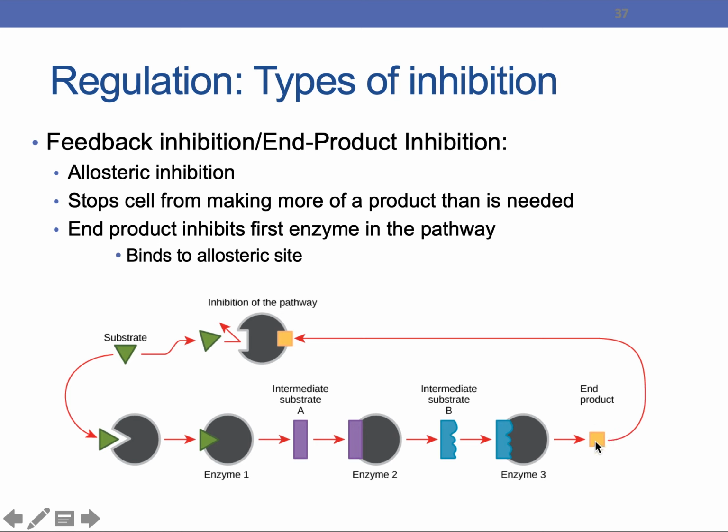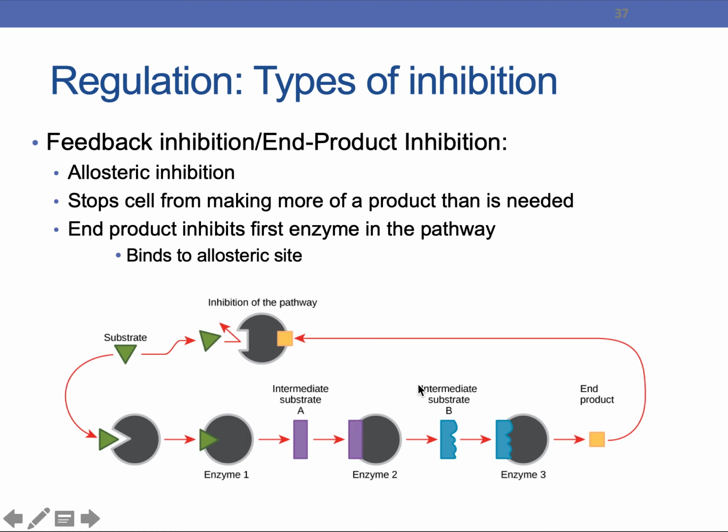Once the end products are produced, they attach to an allosteric site on the original enzyme and change the active site. So the active site is changed from this angular shape to more of a rectangular shape here, and that makes it impossible for this substrate to attach, and then the reaction is stopped.